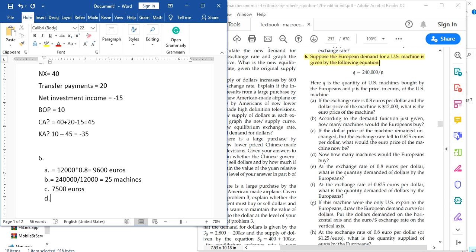We could have calculated it this way: 240K multiplied by 0.625 divided by 7,500 euros, equal to 32 machines.